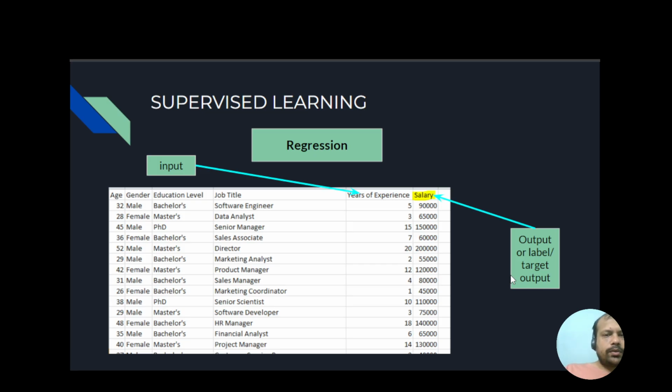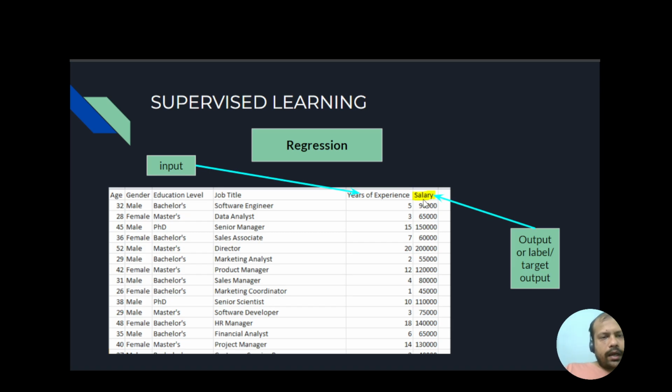Just as an example, to give you a correlation between maths and machine learning, think that we have data with age, gender, education level, job title, years of experience, and salary. In this, we are assuming salary is our output value, or the label that we have, right?